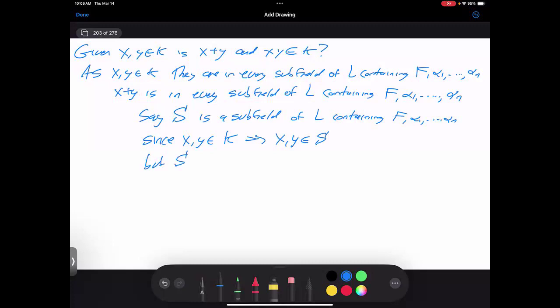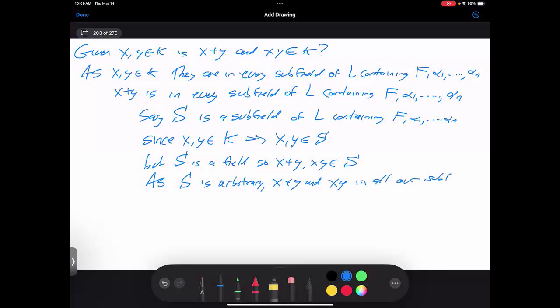But S is a field, so x plus y and xy are also in S. And S was arbitrary. As S is arbitrary, we get x plus y and xy in all subfields.